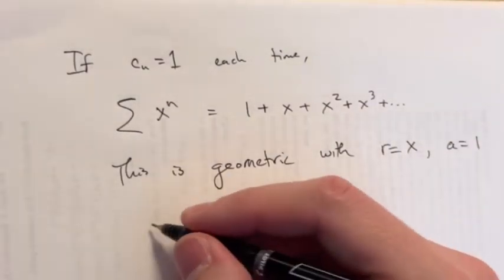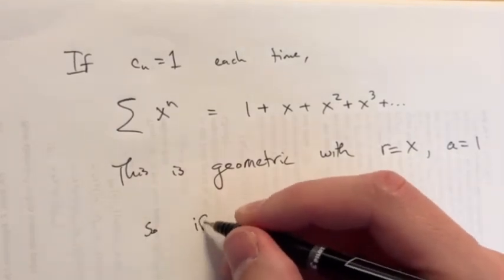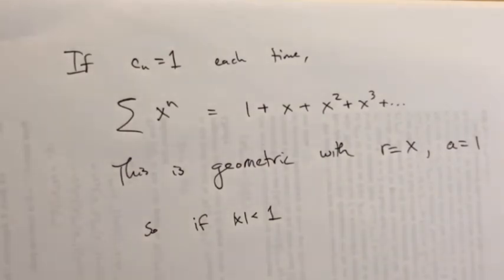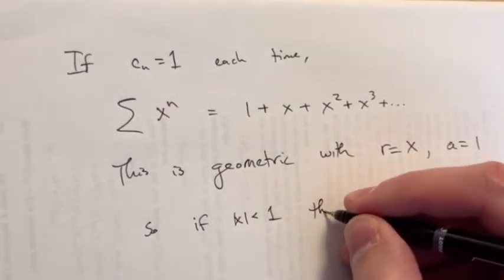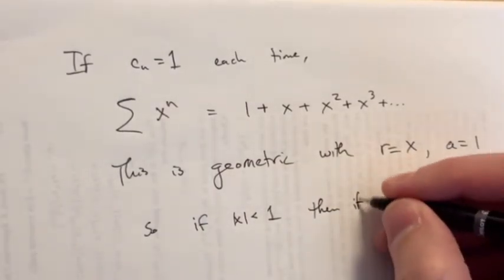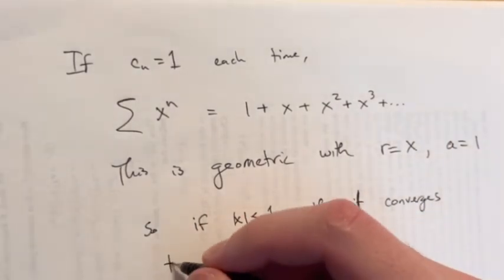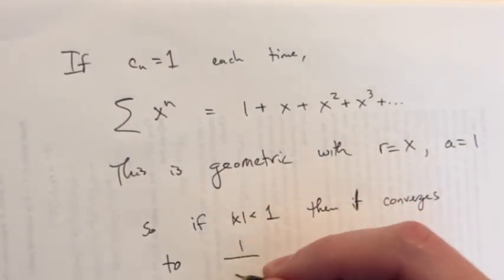And so if x in absolute value is less than 1, because r is x, right? So it converges when the r in absolute value is less than 1. So in this particular example, if the absolute value of x, which is the same as r, is less than 1, then it converges to 1 over 1 minus x, right?